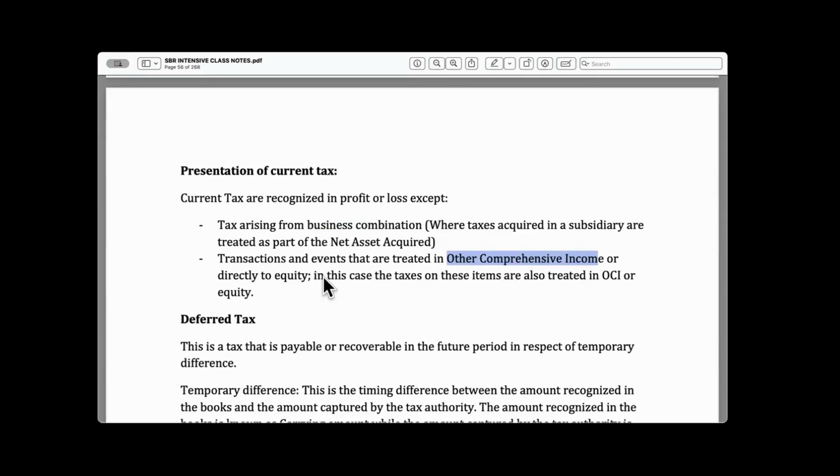You don't take such taxes to P&L. You take them to OCI as well. And that is all for current tax.